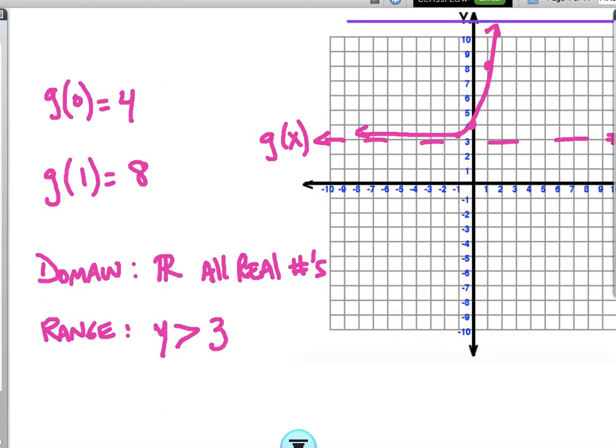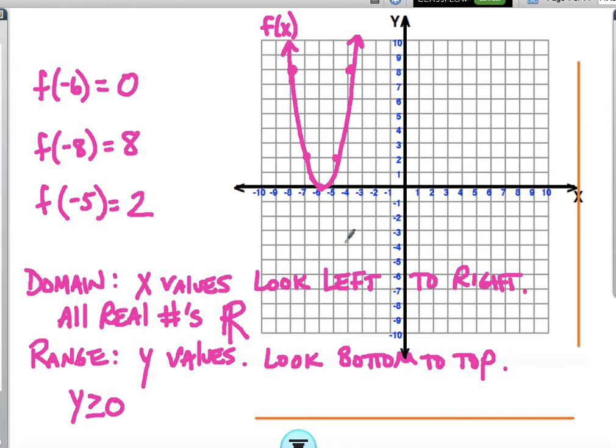So again, I think it might help you if you, let me just go back to the very first page. I think it'll help you if you write down that domain are your x values, and you're going to look left to right.